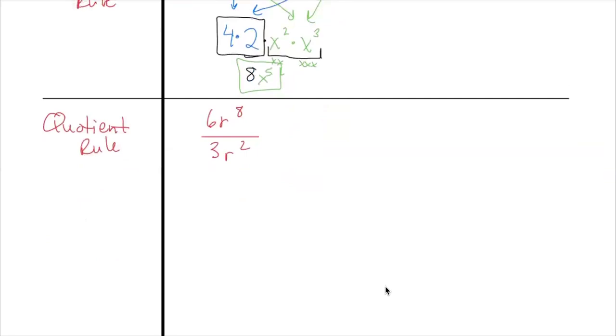Go ahead and write that down. As you remember, we have to divide the coefficients still. So 6 divided by 3 is 2. And then we're still going to subtract our exponents. So r to the eighth, r to the second. So that's going to make r to the sixth. That's the quotient rule.